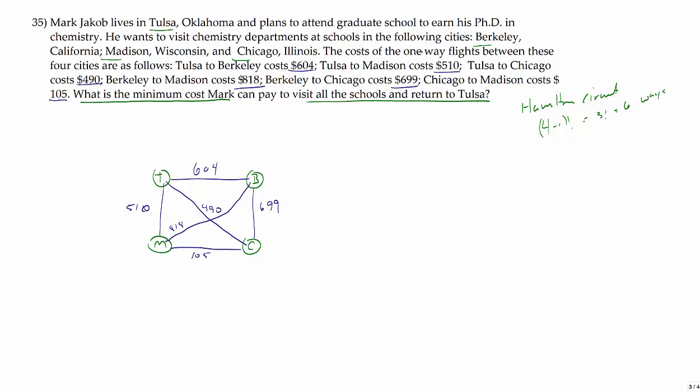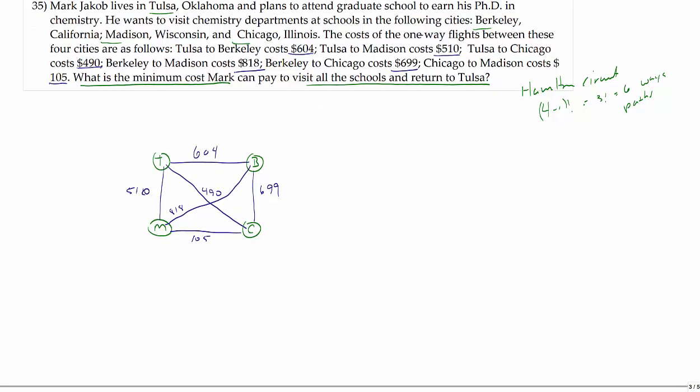So 6 ways or 6 paths. If I use the brute force method, that means I'm going to have to look at all 6 paths and tally up the cost of all 6 paths. So I'm going to work it out for you both ways. Let me work out the brute force method first. So again, let me write that down.